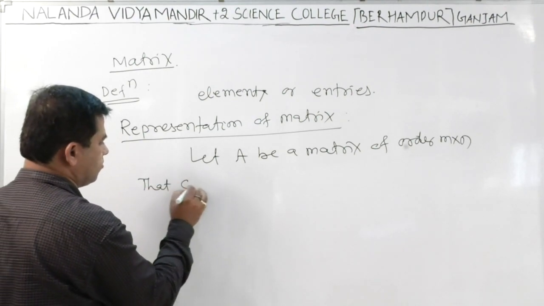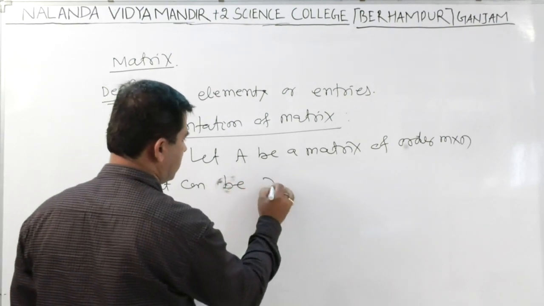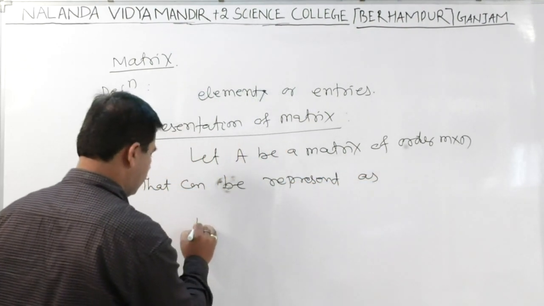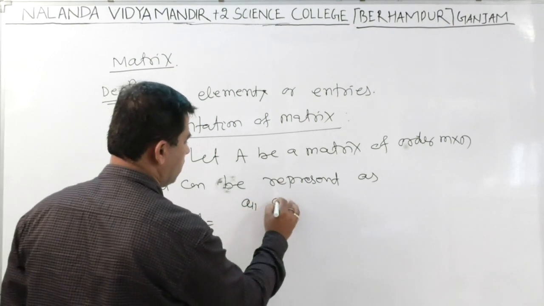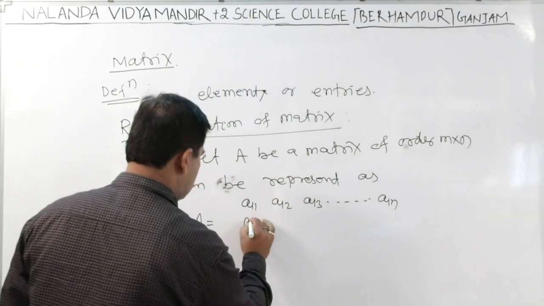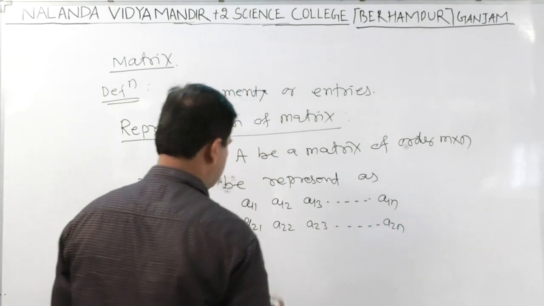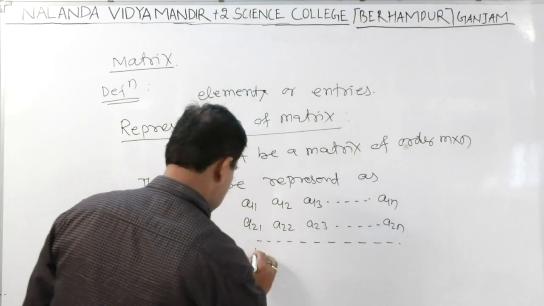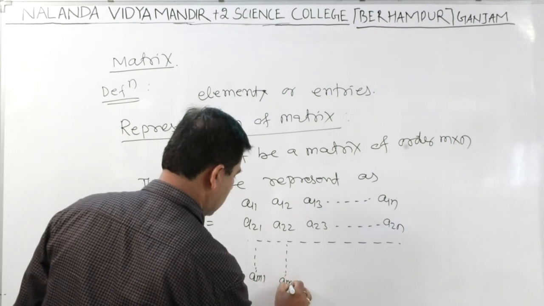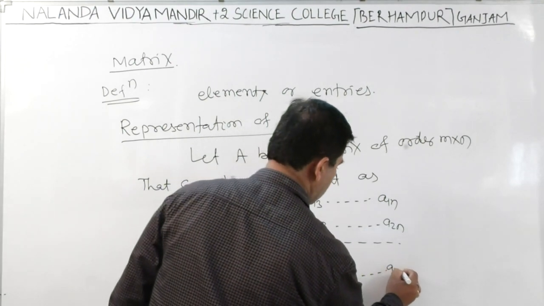That matrix is represented as A11, A12, A13, up to A1n, A21, A22, A23, up to A2n, and so on down to Am1, Am2, Am3, up to Amn.